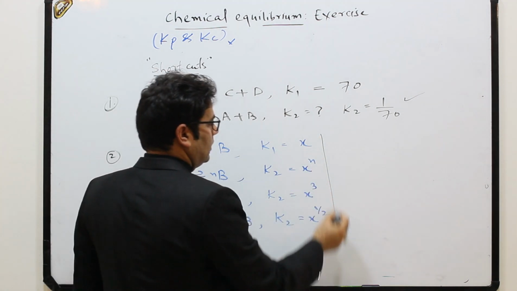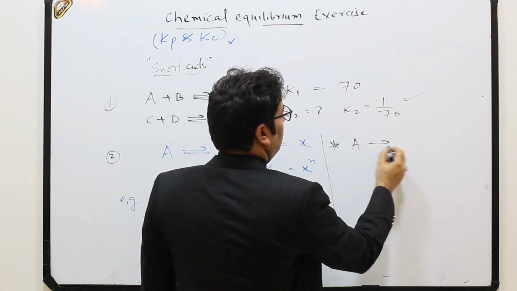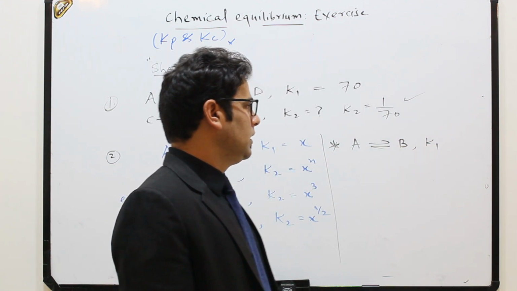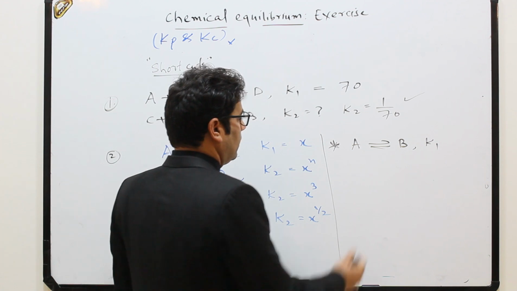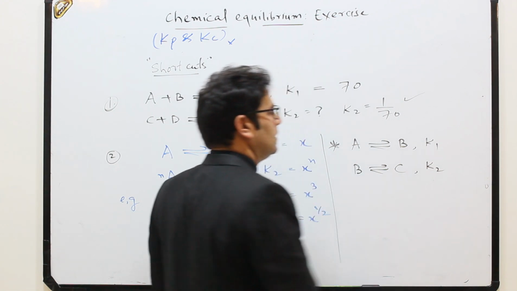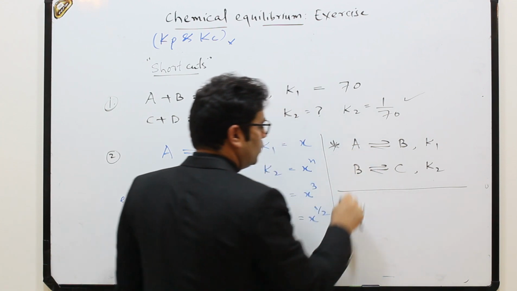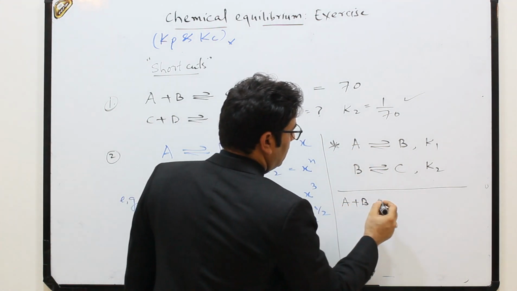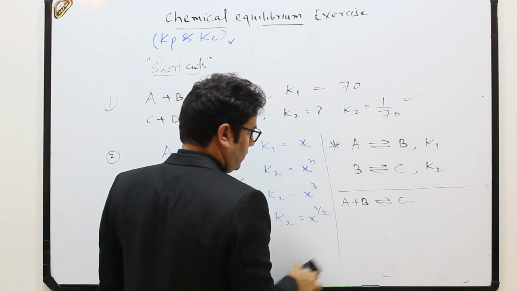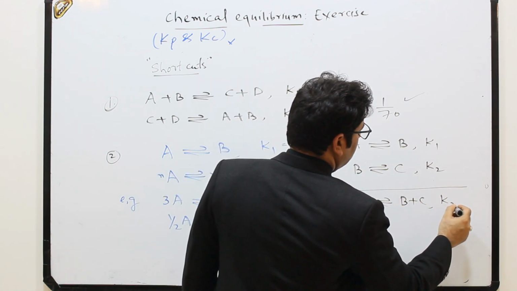Another trick: suppose we have, for example, A giving B. The equilibrium constant value is K1. Now we have another reaction, B gives C. The equilibrium constant is K2. Now they are giving a third reaction, saying to add these two reactions: A plus B gives B plus C. If we add these two reactions, what will be K3?